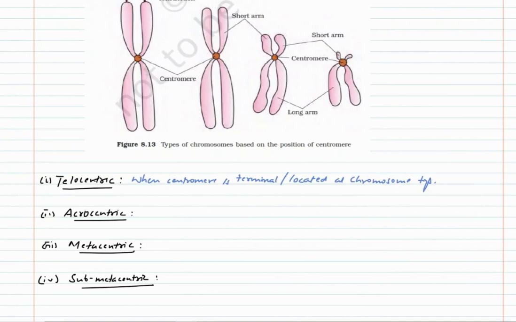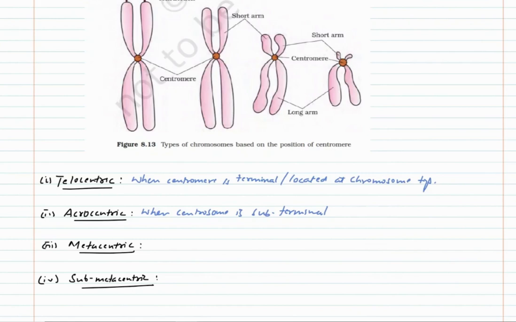Acrocentric is when the centromere is subterminal, that is not present at the tip, rather it is located near the tip. Whereas a telocentric chromosome is a one where centromere is located at the tip.